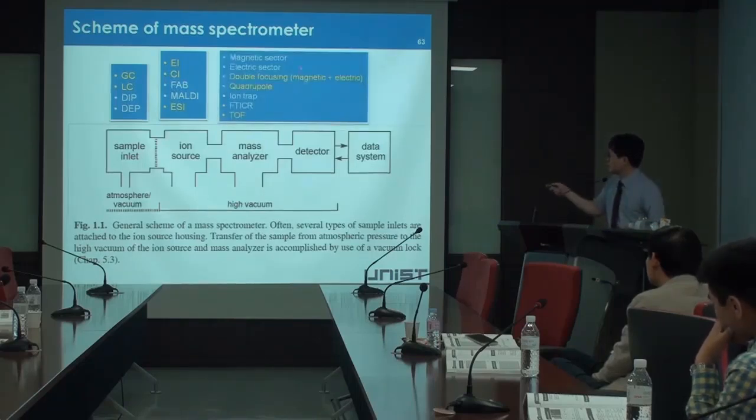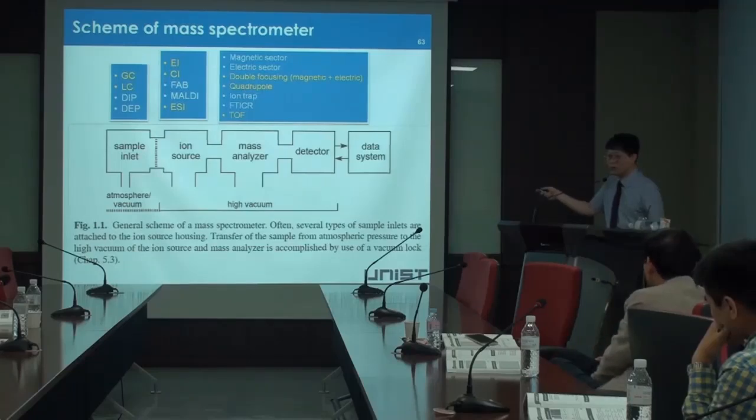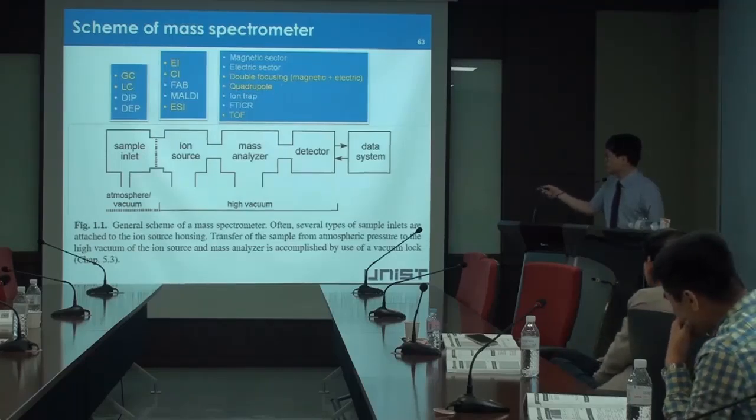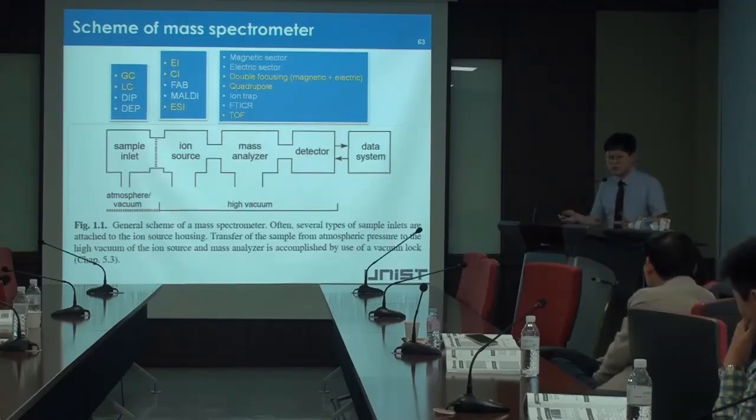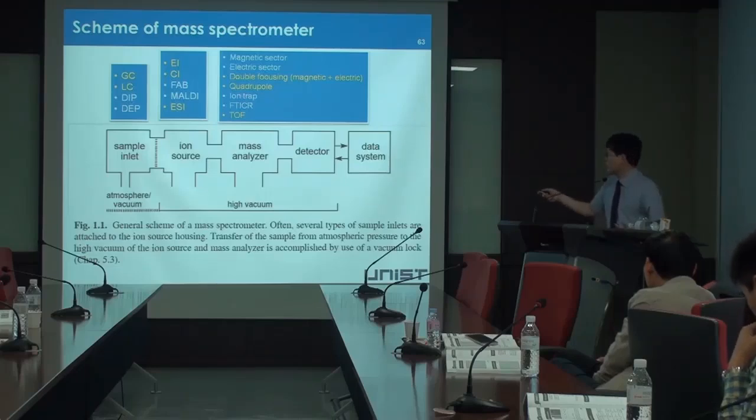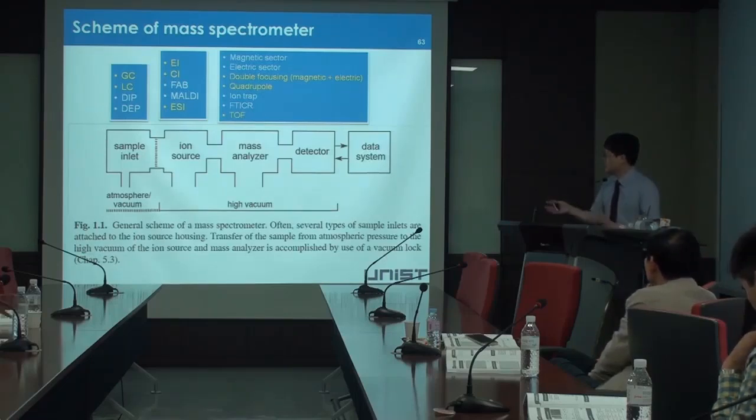For the mass analyzer: magnetic sector, electric sector, double focusing, which is a combination of magnetic and electric, and quadrupole, one of the widely used benchtop small-scale GC-MS. And ion trap, IT, Fourier transform ICR, and TOF, time of flight. So there are many mass analyzer options.